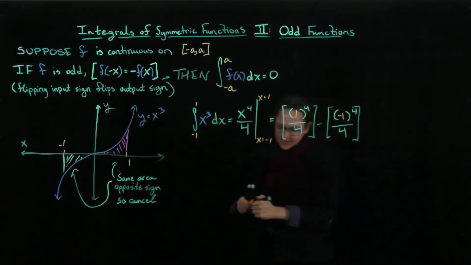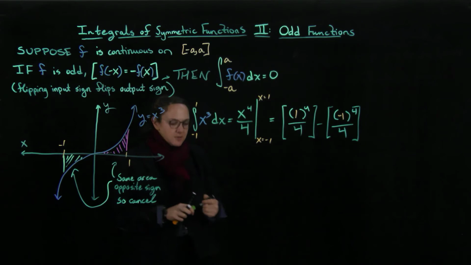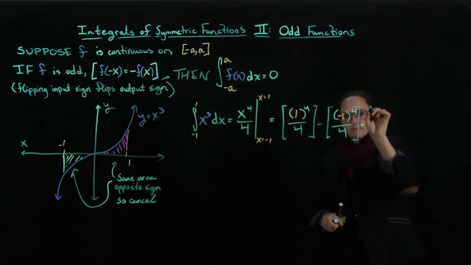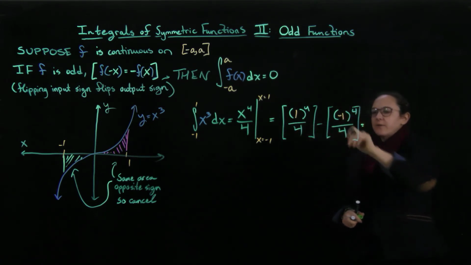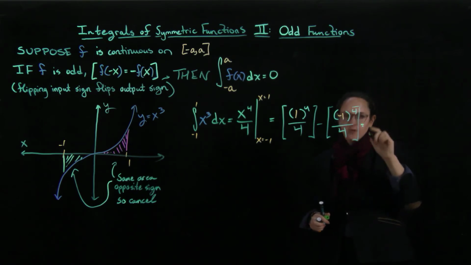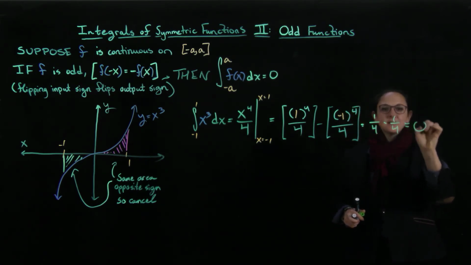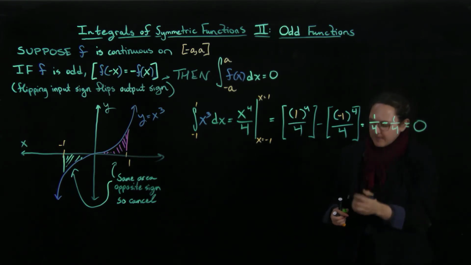The first one is 1/4, and the second is also 1/4, so we get 1/4 minus 1/4, which is 0. That works out exactly like we want.